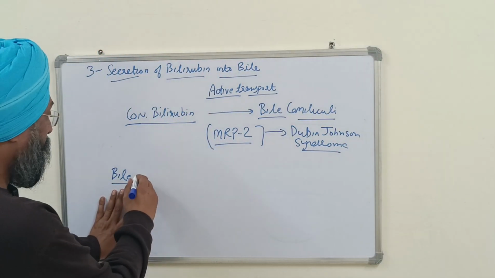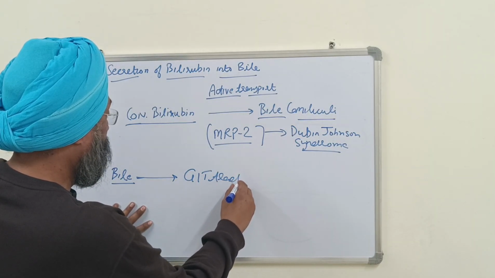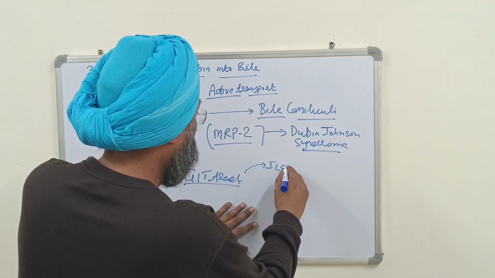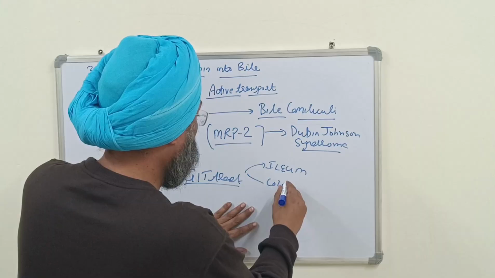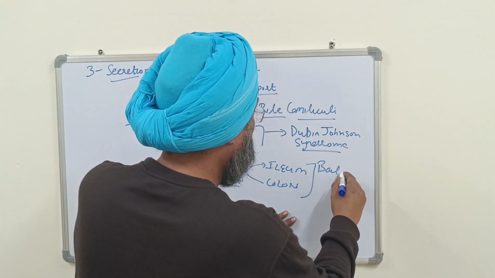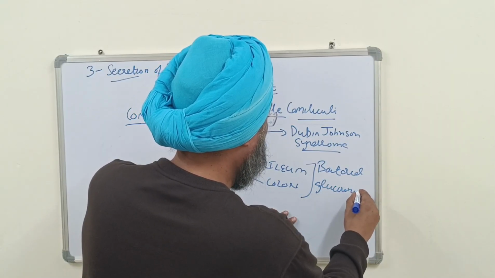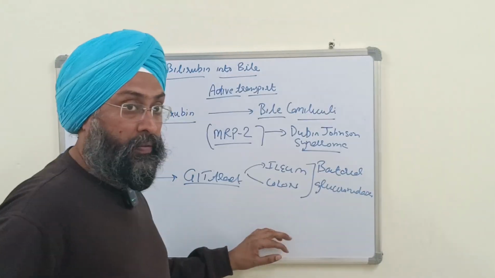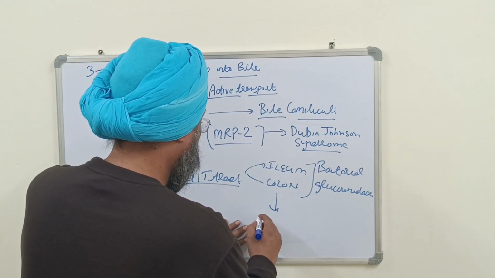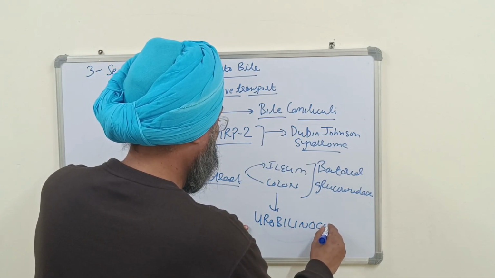This bile will now enter the GIT into the ileum and colon. Here it is acted upon by bacterial enzymes, the glucuronidases. They will act on this to form urobilinogen.